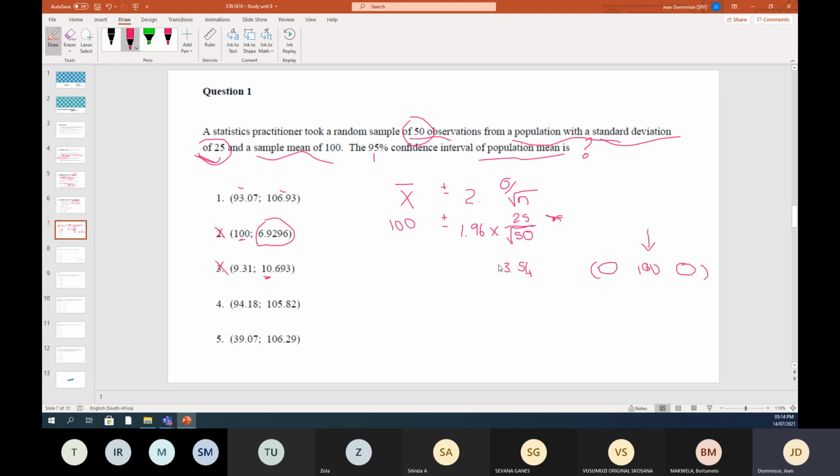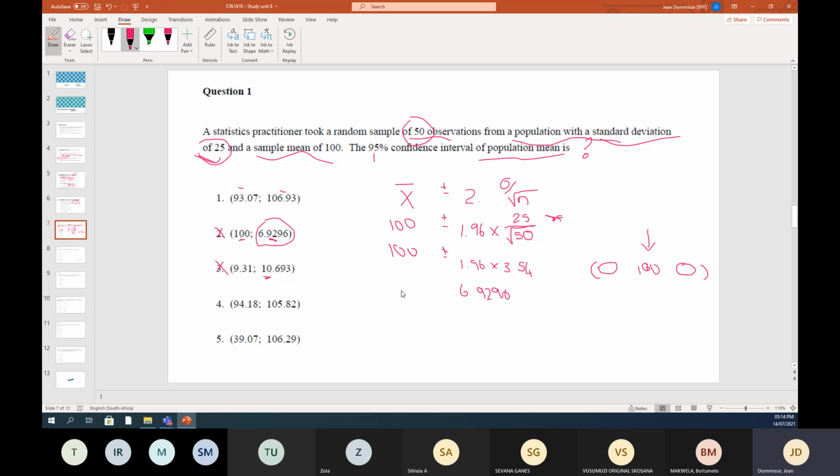Did you also get 3.54? If I then multiply that by 1.96, I get the answer 6.9296, which is exactly that one.